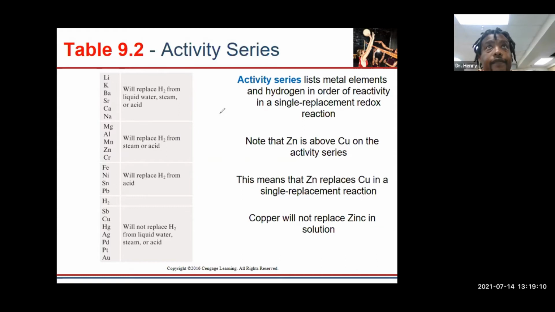Let me give you an example. Let's say I had calcium nitrate. We know that calcium nitrate is Ca(NO3), and we need two of those. So if I have lithium metal, it's going to be able to replace calcium because calcium is lower than it on the activity series.